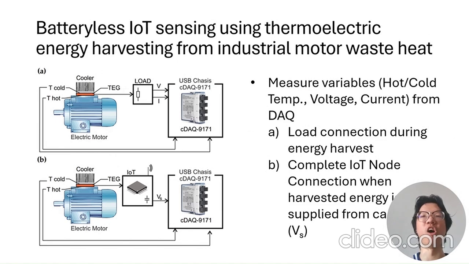The measurement of all electrical data is done by the DAQ, or data acquisition adapter. Figure A is the measurement method during the energy harvest, especially focused on the power output of the generator, and figure B is the measurement of the harvest and voltage supply from the capacitor to the IoT node.